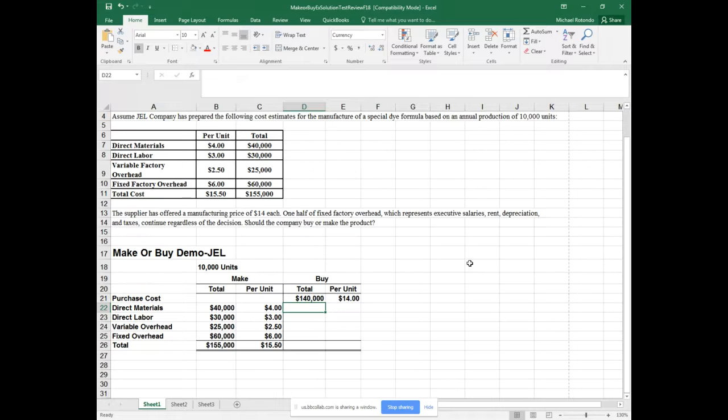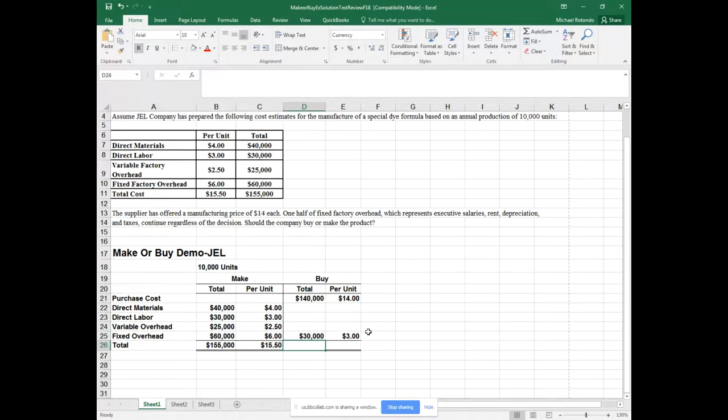Now, if there was no fixed costs that were going to continue, this would seem like a good deal, okay, at least from a quantitative perspective. But they're telling us that half of the fixed costs are going to continue. So we had 60, so now we're going to have 30,000 in fixed costs, right, or $3 per unit.